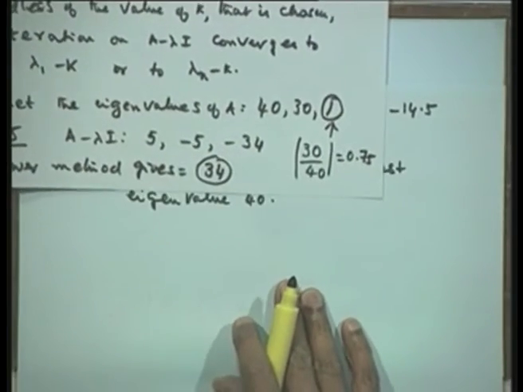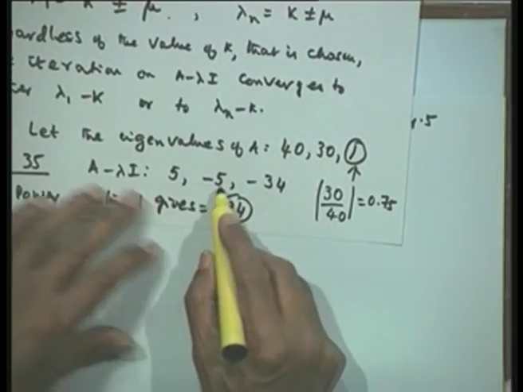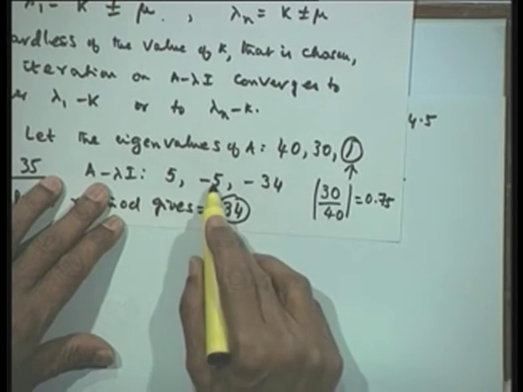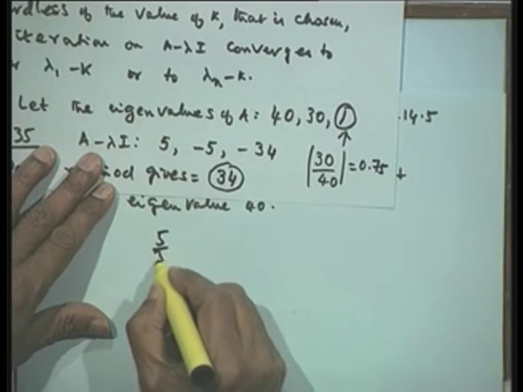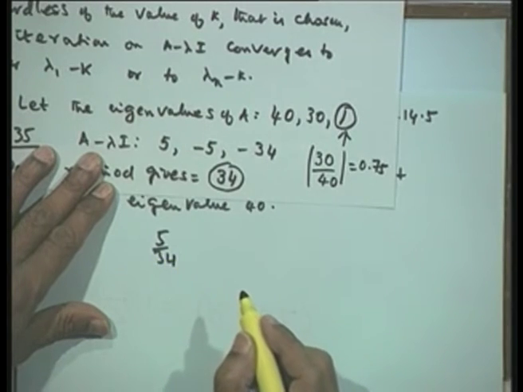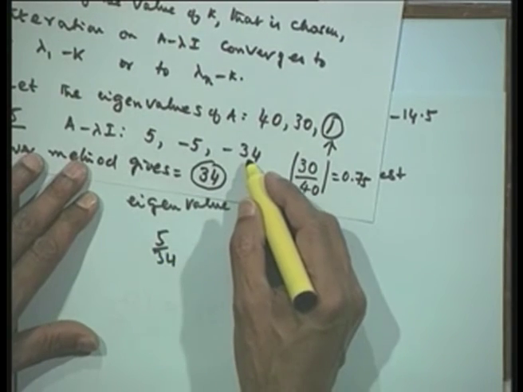Now, let us see when we have done this here. Now, the leading eigenvalue is 34, the next eigenvalue is 5. Therefore, in this case the ratio is 5 upon 34.